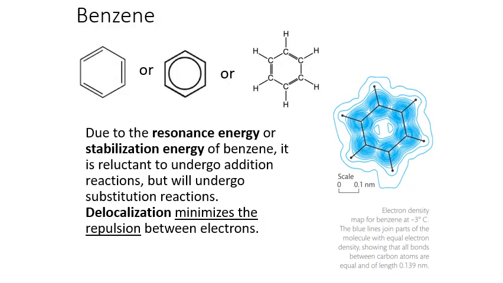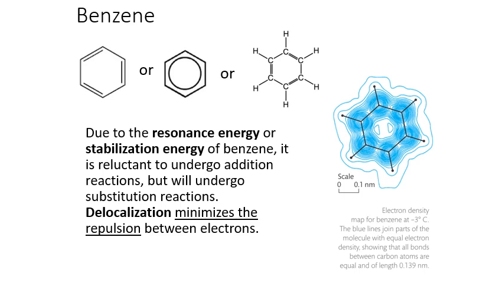And the reason why it looks weird, like a circle, is because you've got basically two resonance forms of the benzene molecule. So due to the resonance energy or stabilization energy of benzene, it is reluctant to undergo addition reactions, which we'll learn about later, but will undergo substitution reactions.